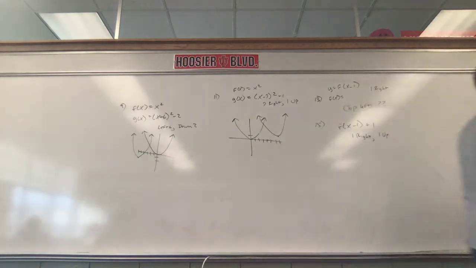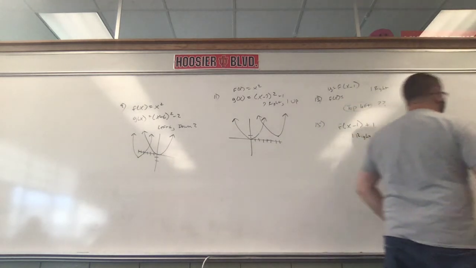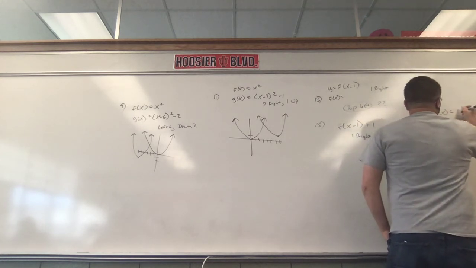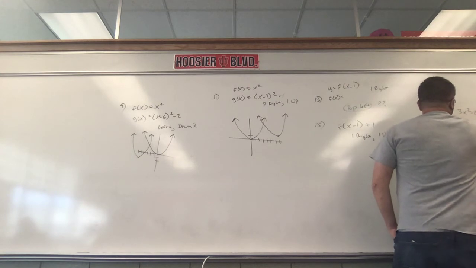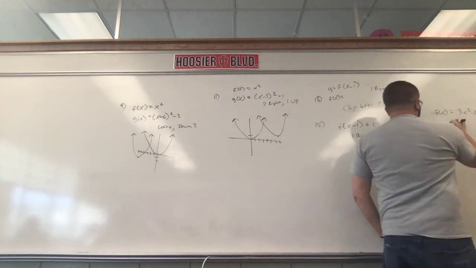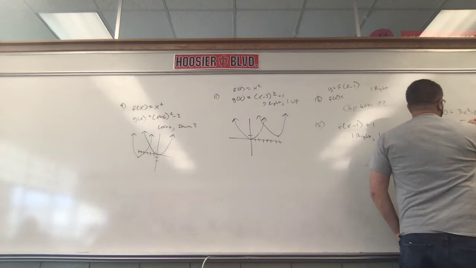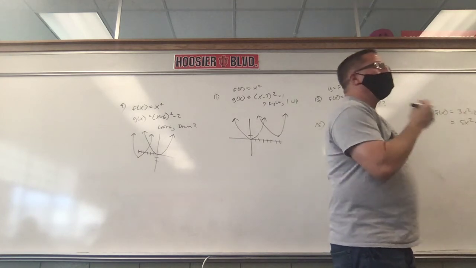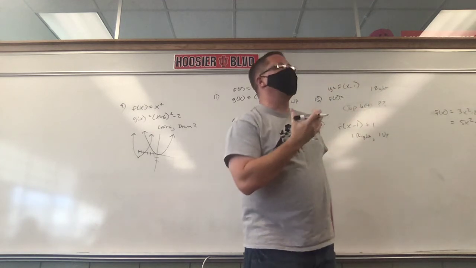This function right here is a quadratic because it's U-shaped, it's a parabola. It might be f of x is 3x squared minus 2x plus 1. It might be 5x squared plus 8x minus 12.